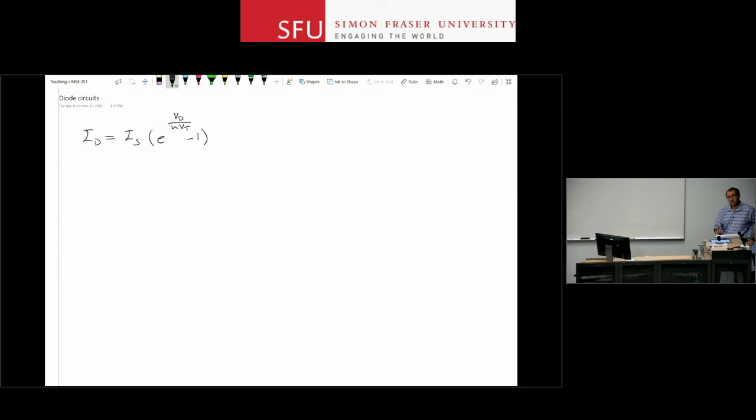And we saw that if VD is much larger than NVT, then we can say the diode is on, and ID is approximately given by this expression, or equivalently VD is given by this expression.